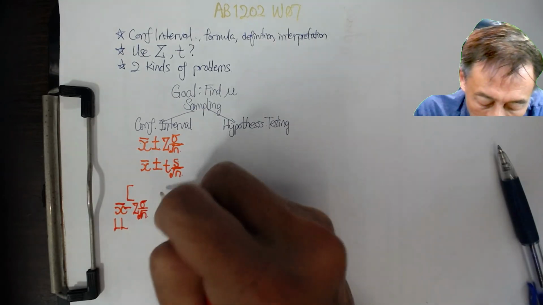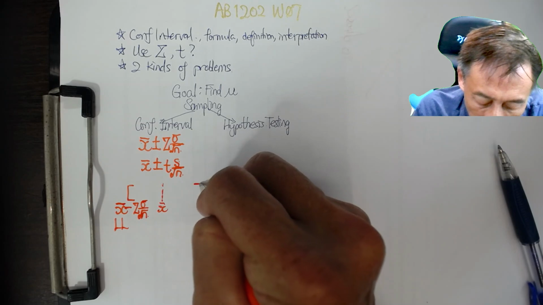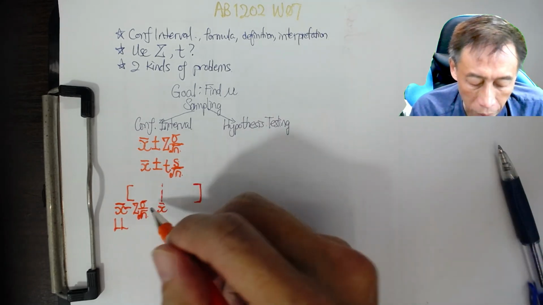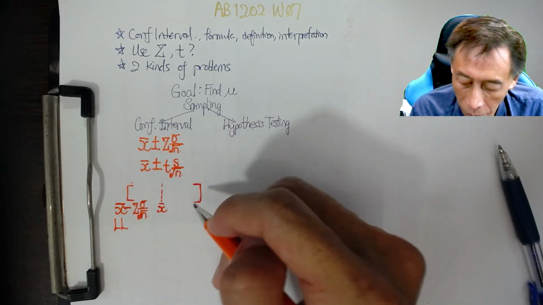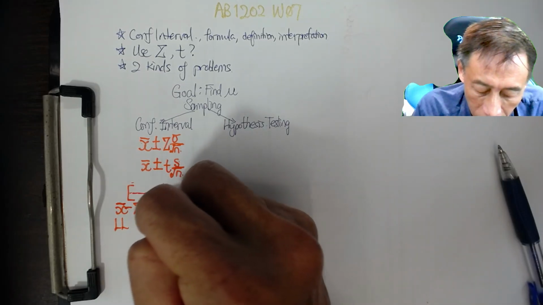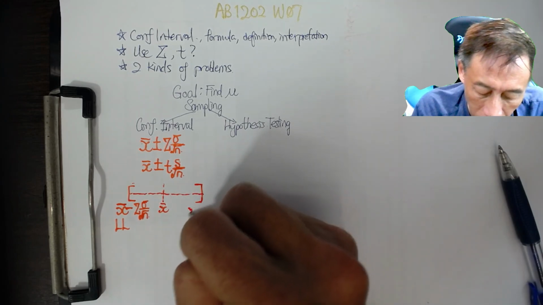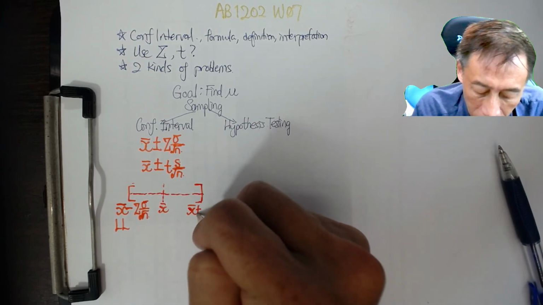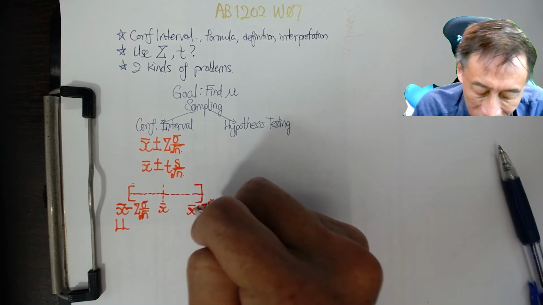So that's one. And of course, as you can deduce from the formula, this square bracket, this range here, is always by definition, by construction, centering around x bar itself.